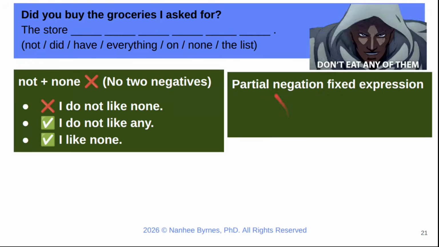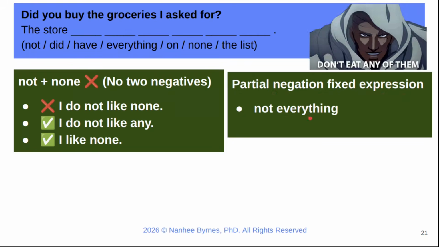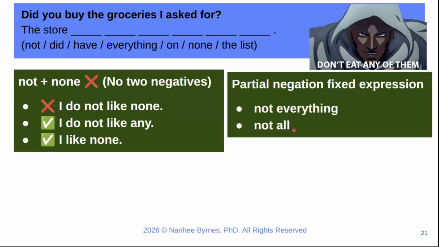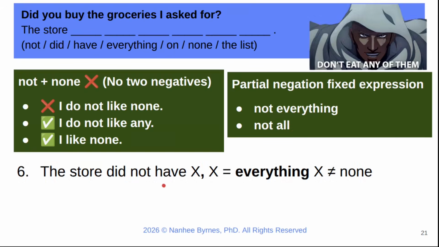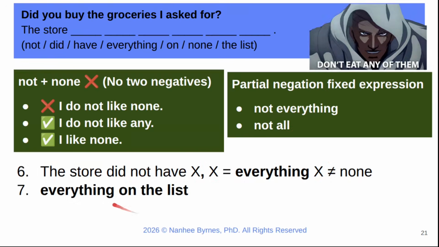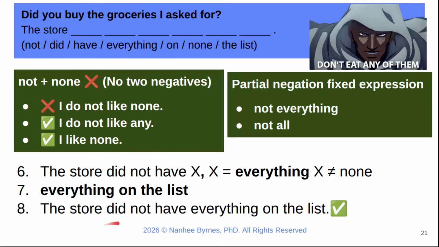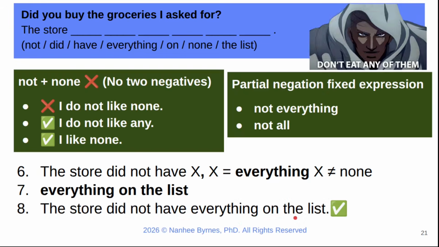The store had some of the items, but not all of them. For partial negation, English uses fixed and natural patterns like "not everything," "not all." So we choose "everything," not "none." The phrase "on the list" is a prepositional phrase that modifies "everything." Putting it all together, correct sentence: The store did not have everything on the list.